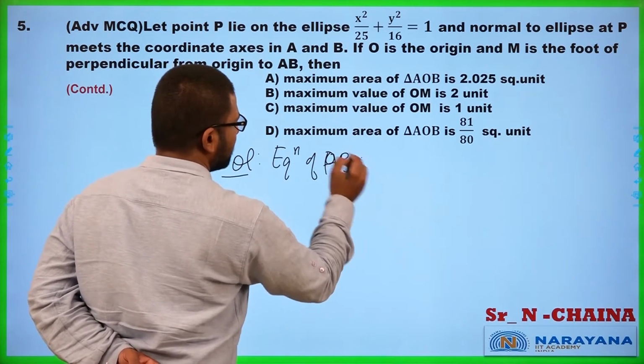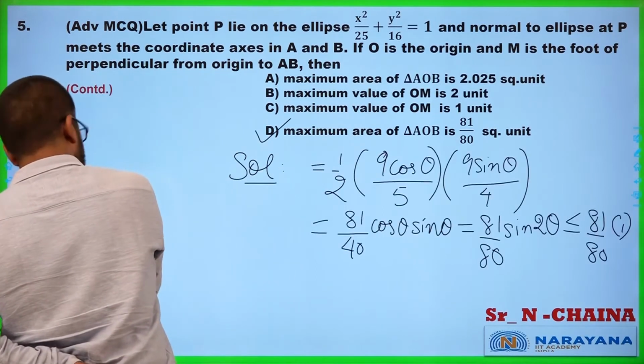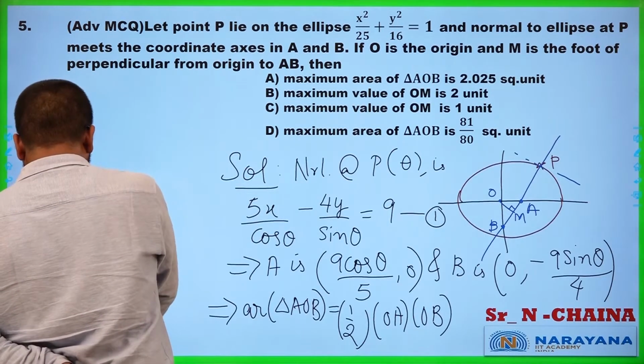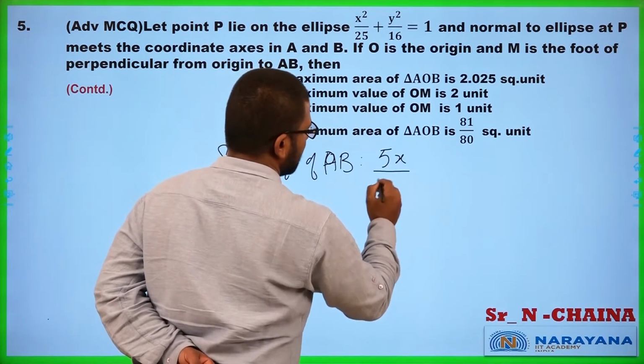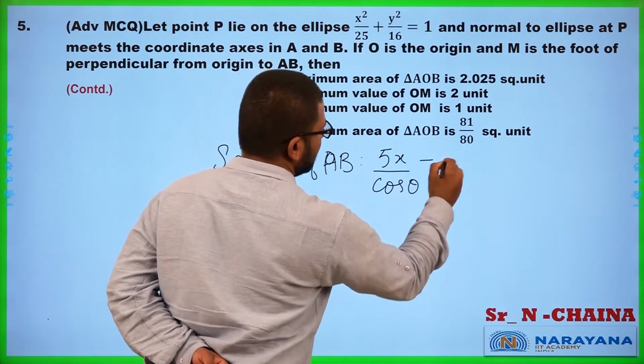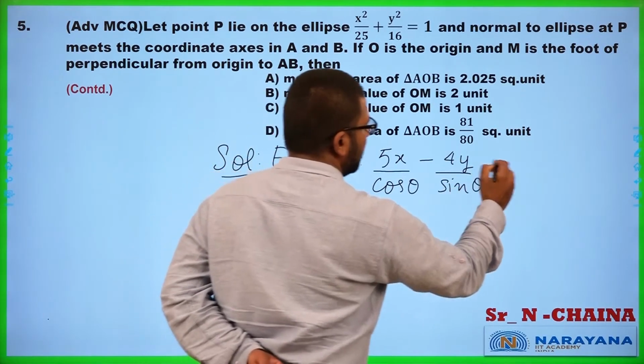The equation of AB is 5x by cos theta minus 4y by sin theta equal to 9.